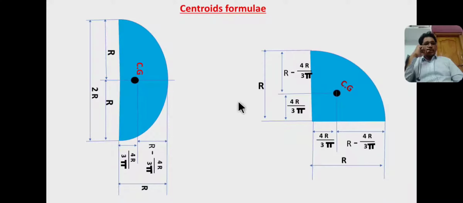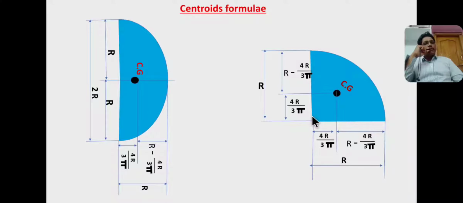Now coming to the quarter circle having radius capital R, the centroid lies at a distance of 4r by 3 pi and 4r by 3 pi from the right angle corner. This is a right angle corner because this is a horizontal line and this is a vertical line.